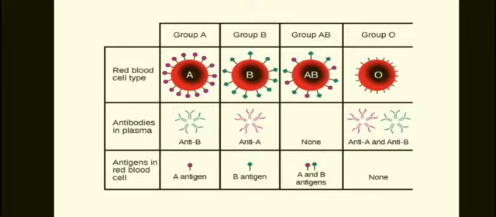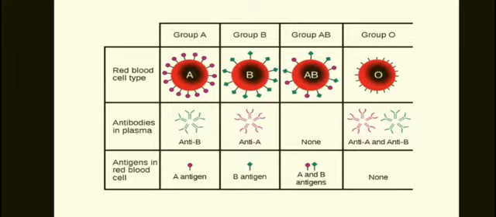If a person is blood group A, it means the red blood cells of that individual display antigens on the surface, called A antigen.